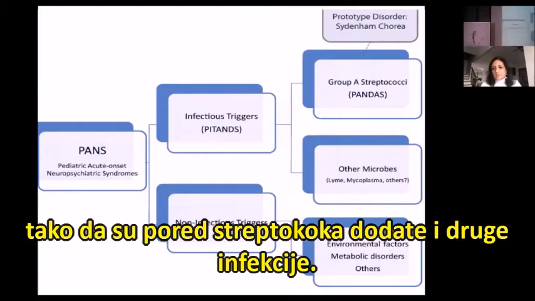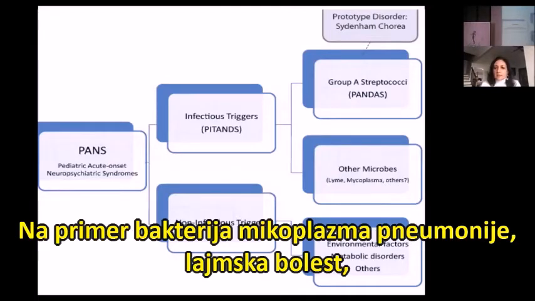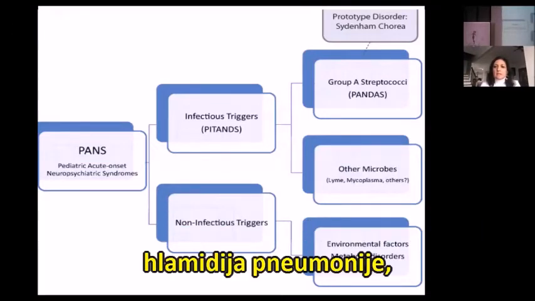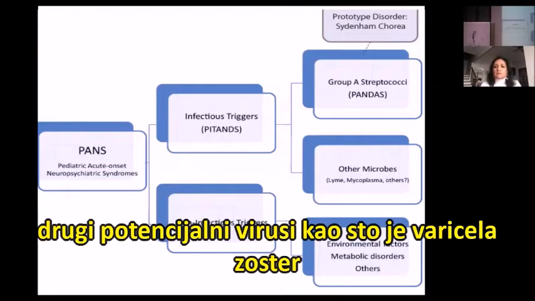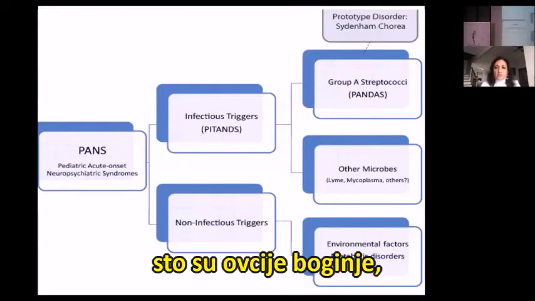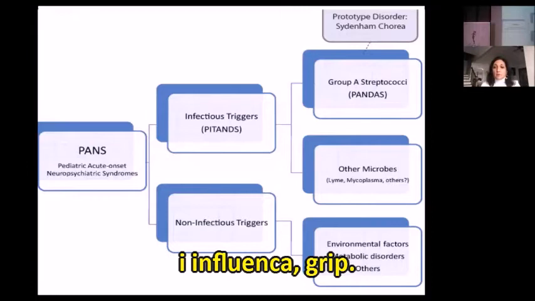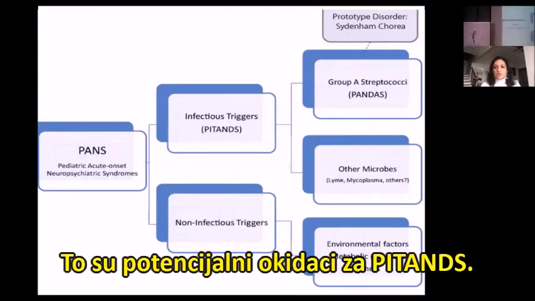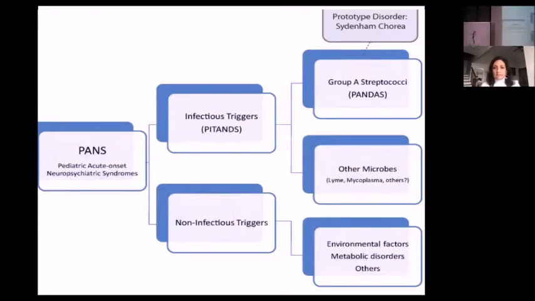So in addition to strep, they added other infections like Mycoplasma pneumoniae, Lyme disease, Chlamydia pneumoniae, other potential viruses like varicella zoster, which is chickenpox, and influenza, the flu. These could be potential triggers for PITANS.